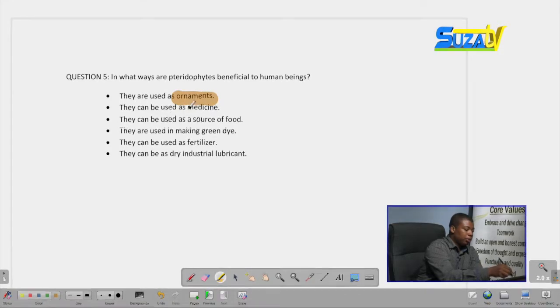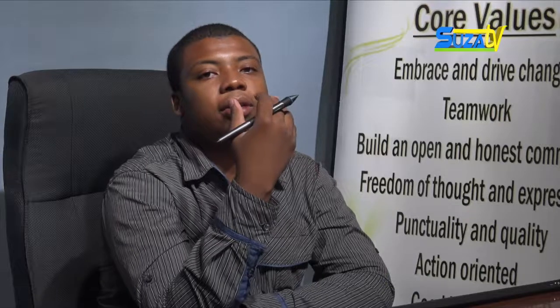They can be used as medicine. So, other types of fern plants or other types of members of the division Pteridophyta can be used as medicine. So, either the stalk or the stipe can be used as medicine.